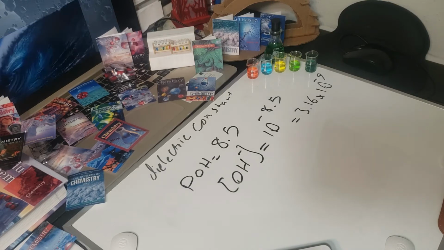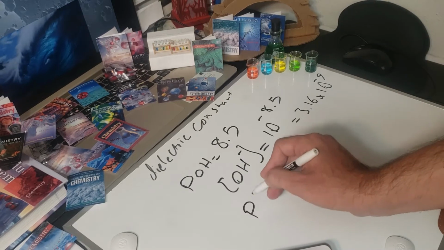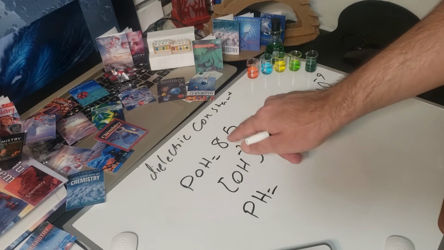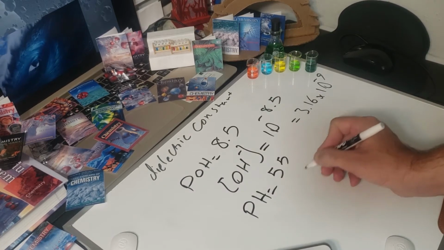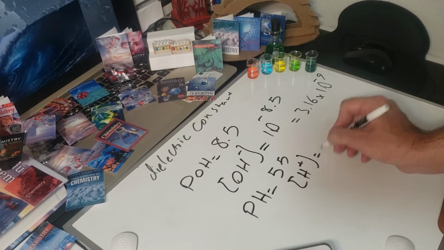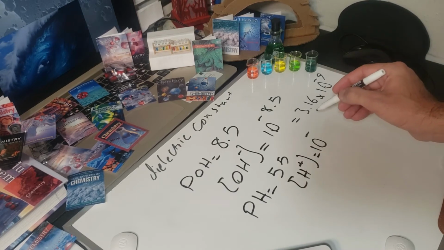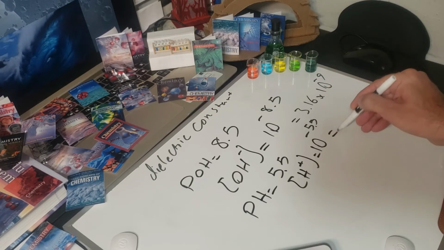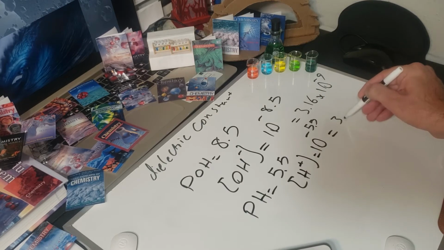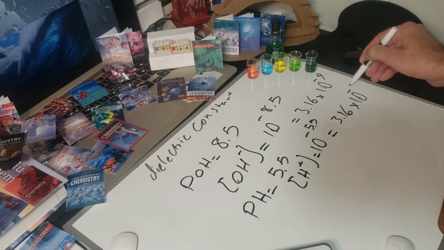And also, the pH is going to be, I just take 14 minus that, and it would be 5.5. I could then do H+ equals 10 to the minus 5.5, and it would be 3.16 times 10 to the minus 6.